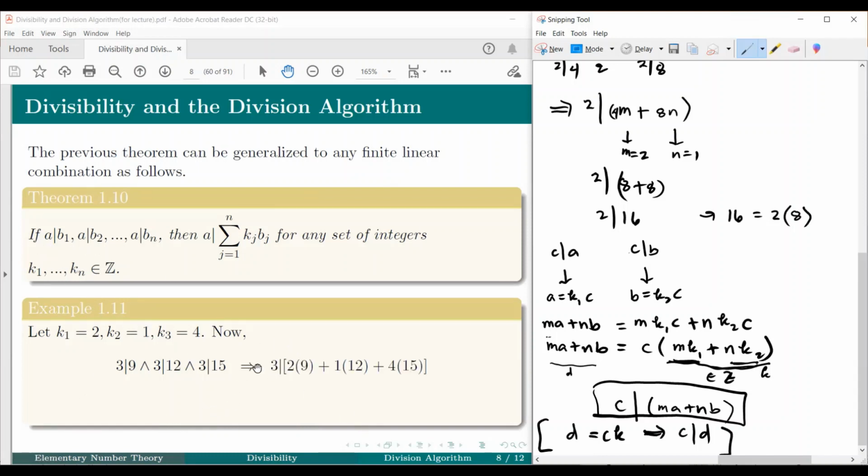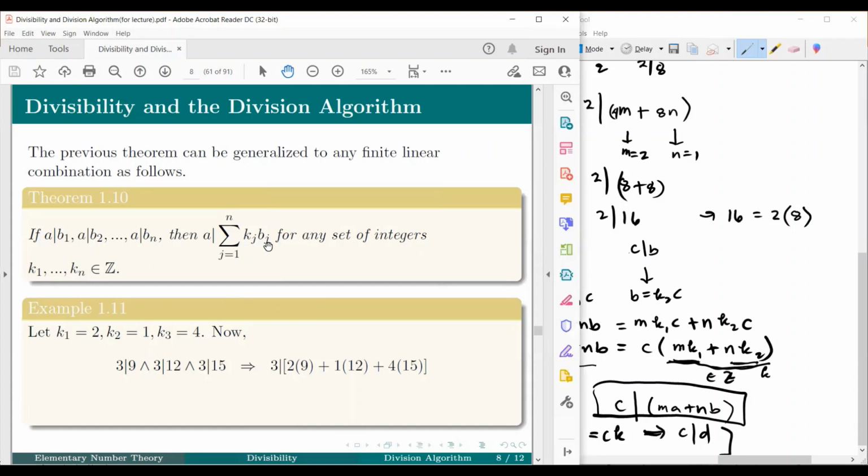And then, by using this, we can say that 3 divides, so see 9, you have K1 times 9 plus K2 times 12 plus K3 times 15, which is 2 times 9 plus 1 times 12 plus 4 times 15.